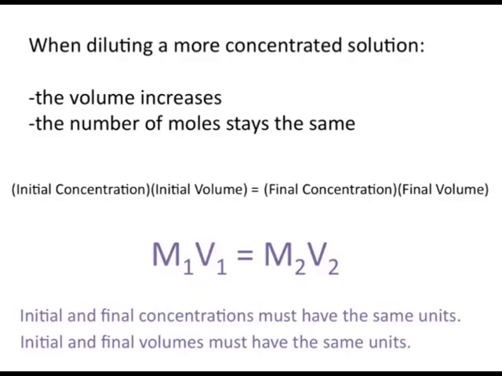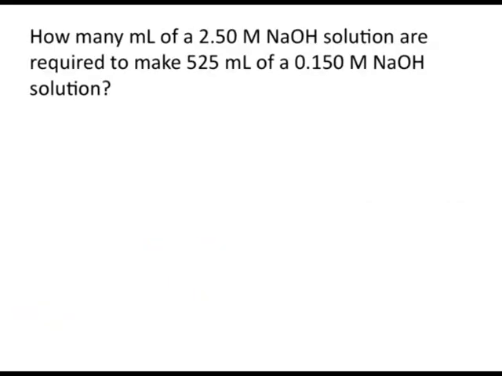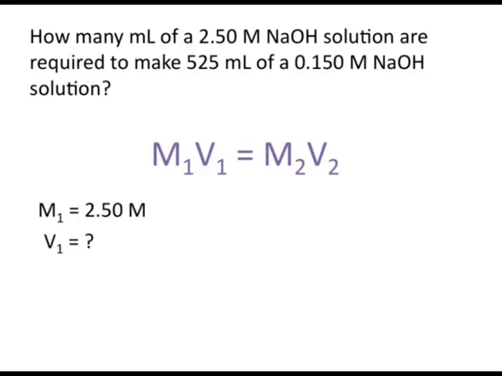Let's take an example. How many milliliters of 2.5 molar sodium hydroxide solution are required to make 525 milliliters of 0.15 molar solution? We have M1V1 is equal to M2V2. M1 is 2.5, we don't know V1.